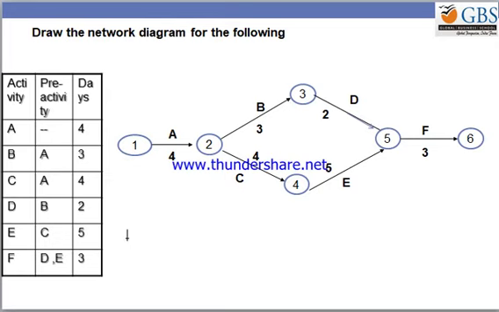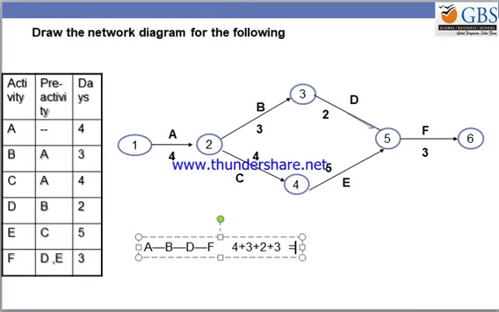I'll just try to draw that here. Look at it. A to B, B to D, D to F, which is going to cost me 4 plus 3 plus 2 plus 3, which is equivalent to 12. Similarly, I have another path.